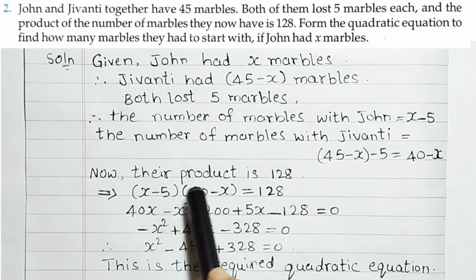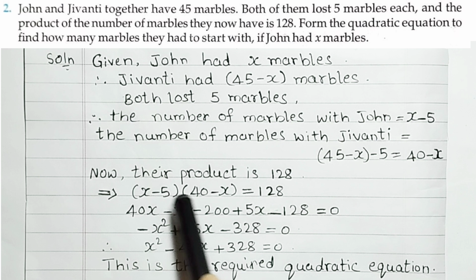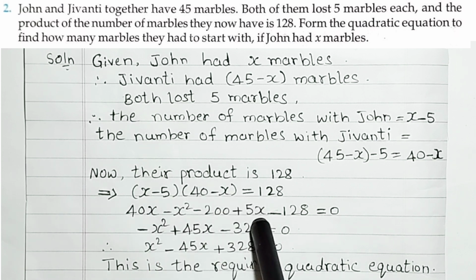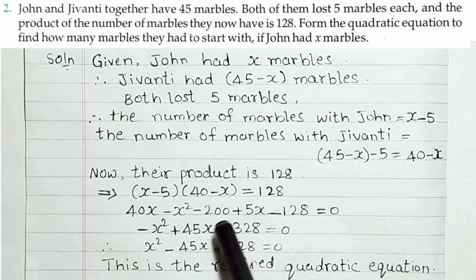Multiply: x into 40 is 40x, x into −x is −x², −5 into 40 is −200, and −5 into −x is +5x. So, −x² + 40x + 5x − 200 − 128 = 0, or −x² + 45x − 328 = 0, or x² − 45x + 328 = 0. This is the required quadratic equation.